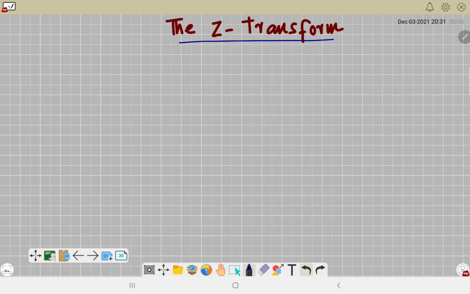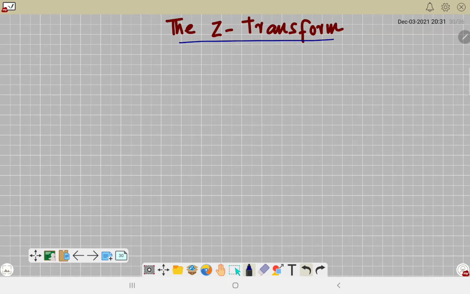So we have studied in the past videos the Laplace transform, and we will just provide a brief introduction about the Z transform. You will be studying Z transform in detail in your digital signal processing, say 6th or 7th semester. But just for the sake of completion, we will have a brief introduction about the Z transform.